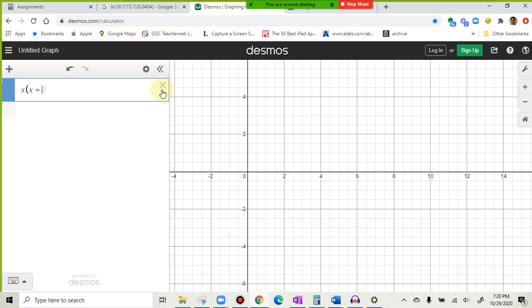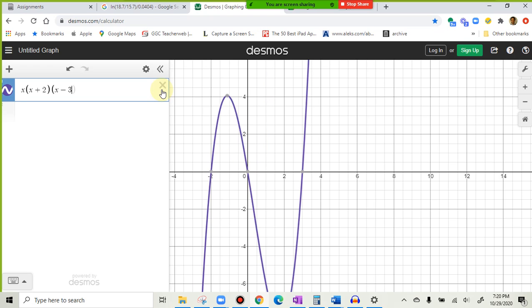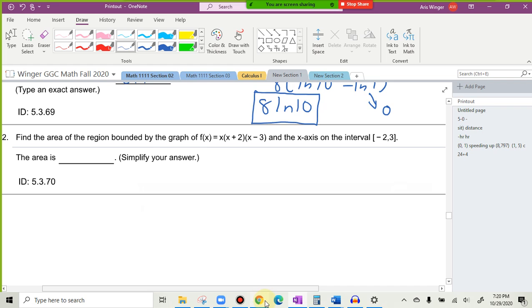On the interval, is it -2 to 3? Looks like it is. Find the area of the region.